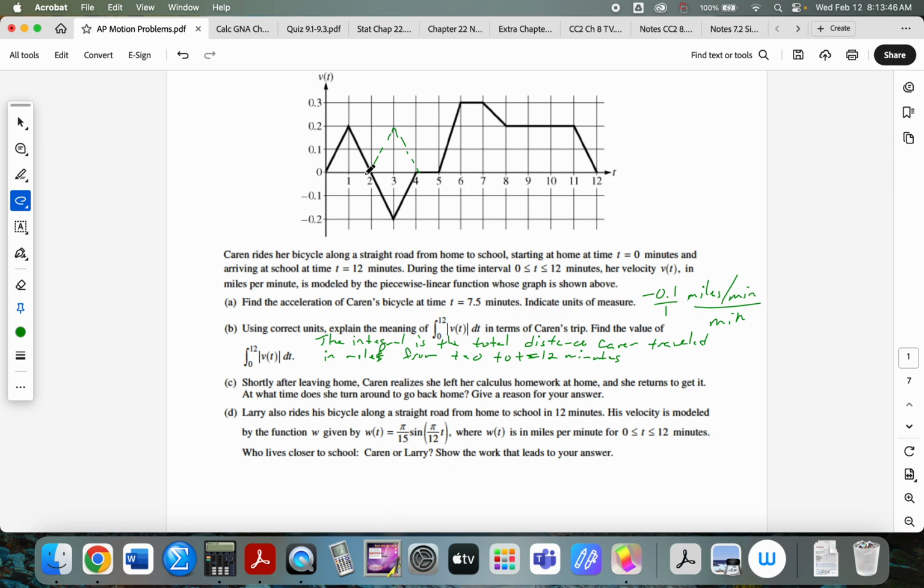So this is a triangle with an area of 2, plus that's a triangle with an area of 2, plus this triangle is 1.5, and that's 3, 4, 5, 6, 7, 8, 9, 10, 11 and a half. I'm just counting the squares from here to here, plus 1. Miles.